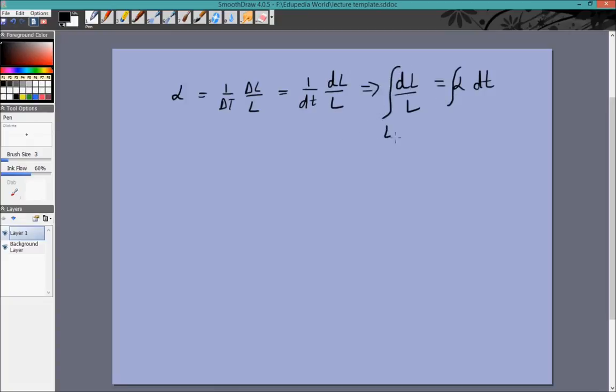Let's say initially the length was L naught, finally the length becomes L. Initially the temperature was T naught, final temperature is T. So what that gives me is the log of L by L naught is equal to alpha into T minus T naught. Right? Or I can write this as L by L naught is equal to e to the power alpha (T minus T naught).